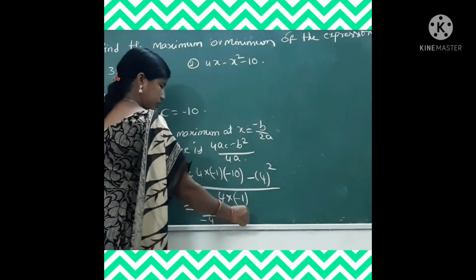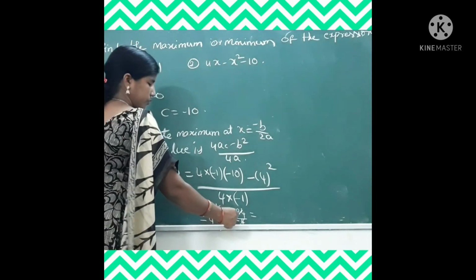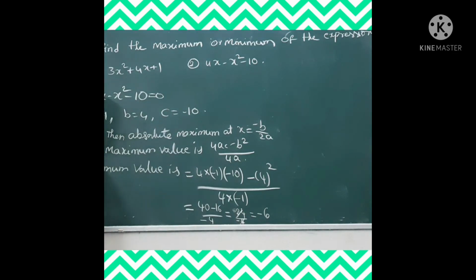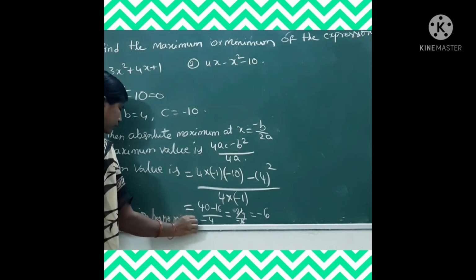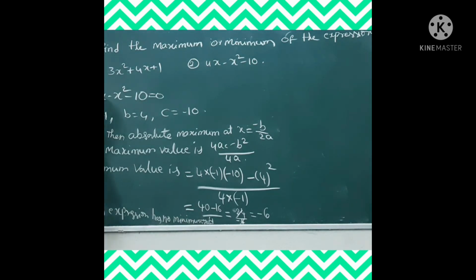Okay, how much value do we get here? 4 6s are 24, so minus 6. Okay, understand? So therefore this expression has no minimum value. No minimum value. Okay, understand this one?